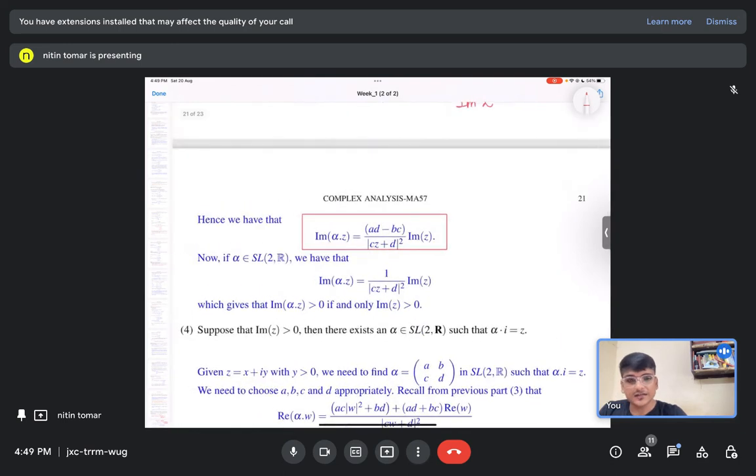Now everything is clear, because alpha was in SL2R, so this AD minus BC has to be 1. So we get this. Now you see this 1 upon mod CZ plus D squared is always positive, right? Why?